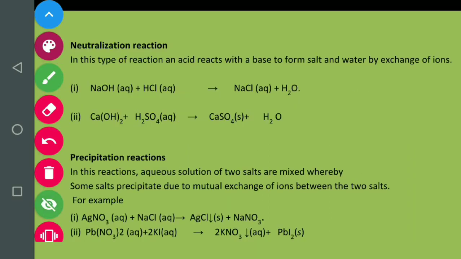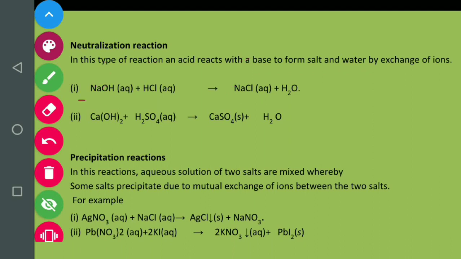Now neutralization reaction. In this type of reaction, an acid reacts with a base to form salt and water by exchange of ions. You can see NaOH is the base, hydrochloric acid is the acid, and it gives you the salt NaCl and water.